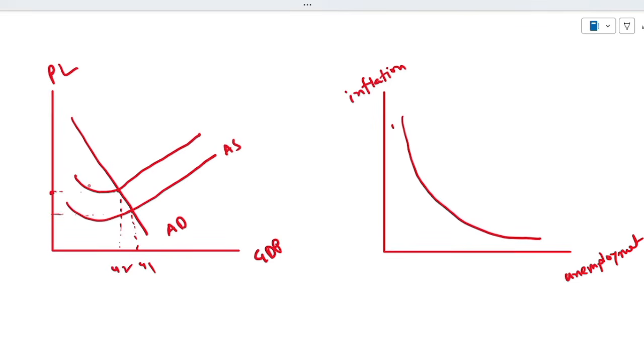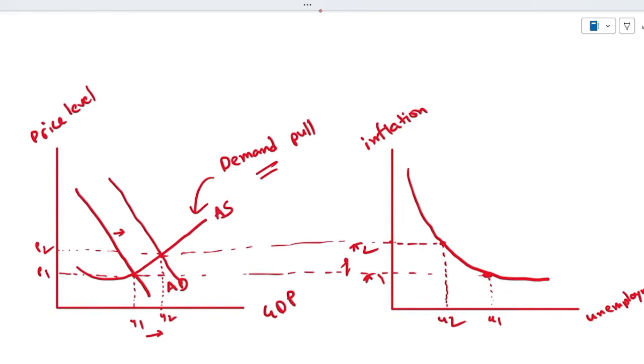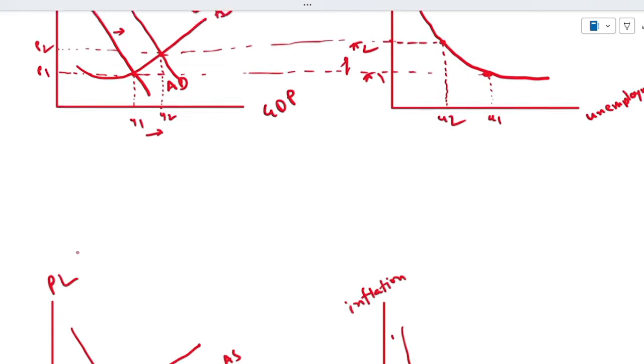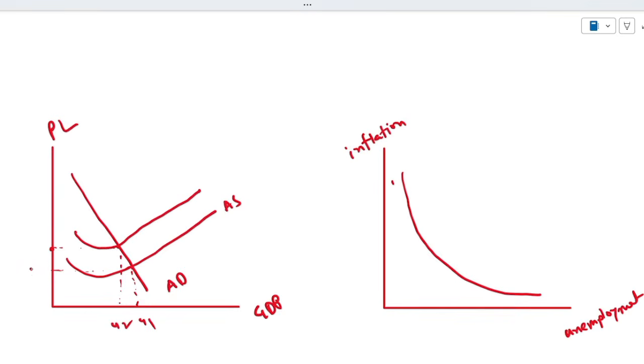And from the previous curve we have observed that the price level has increased. In this curve the price level will also increase. So we can say that in both cases there will be a rise in inflation. This is pi 1, this is pi 2.